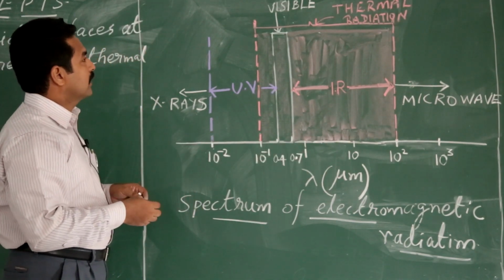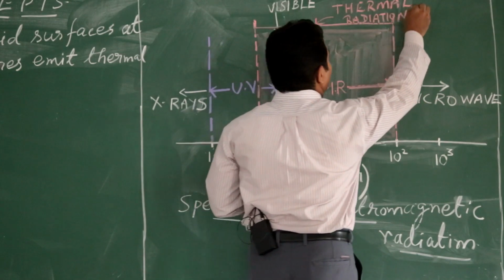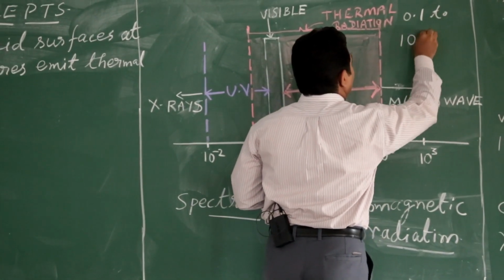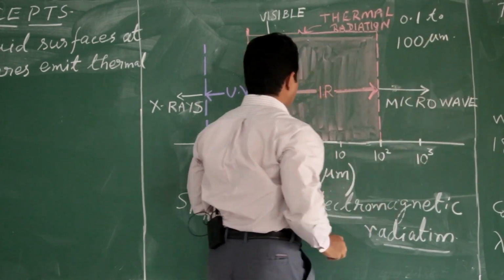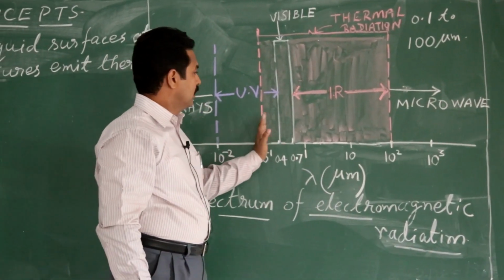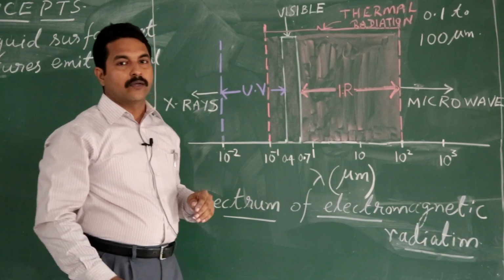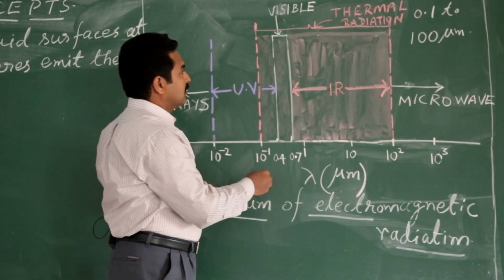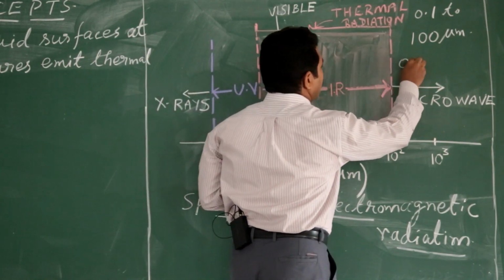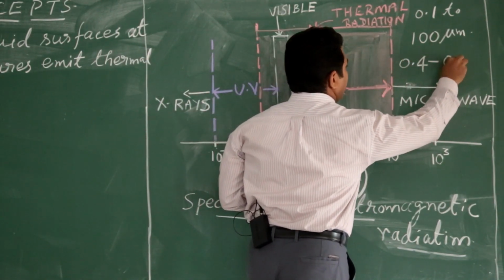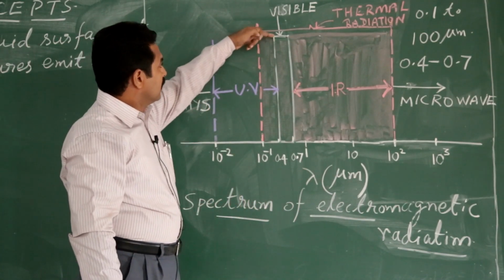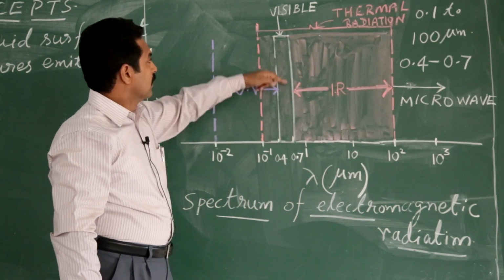When we call it thermal radiation, its value is 0.1 to 100 micrometers. So that region comes under the category of thermal radiation. And from 0.4 to 0.7 micrometers, that comes in the region known as the visible region.